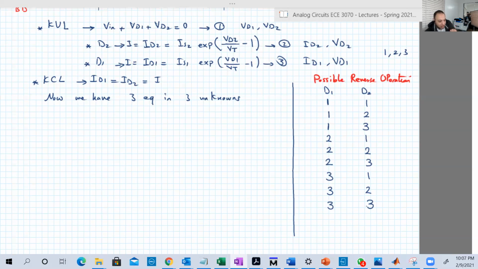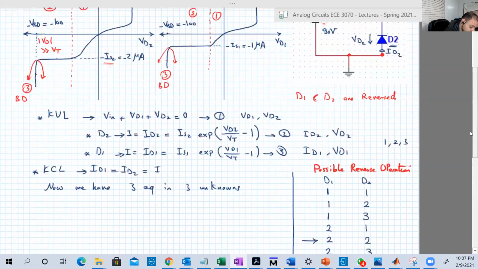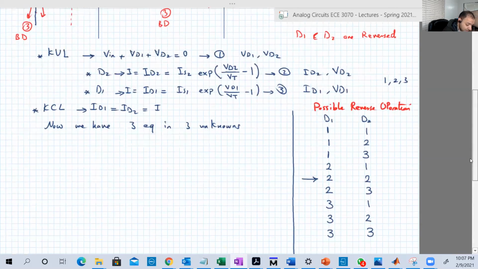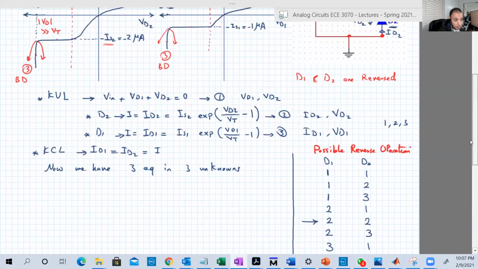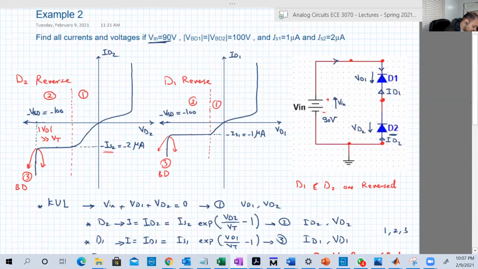For example, if we assume for a moment that this is the correct assumption, that both diode 1 and diode 2 are working in their region 2, let's see if this is valid or not without even solving, just by looking at the characteristics.